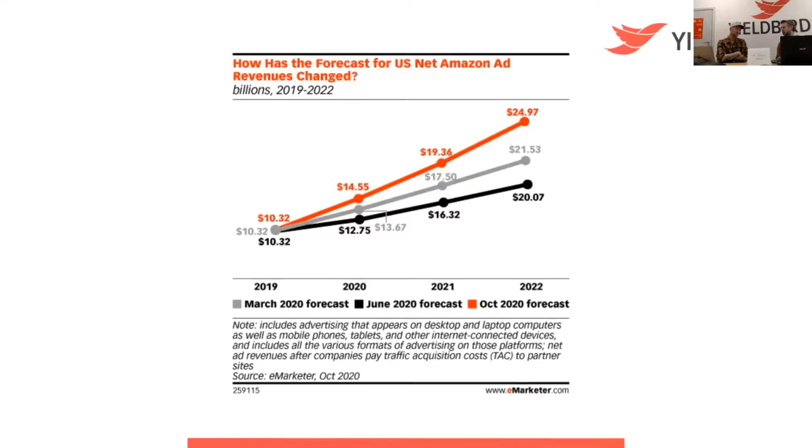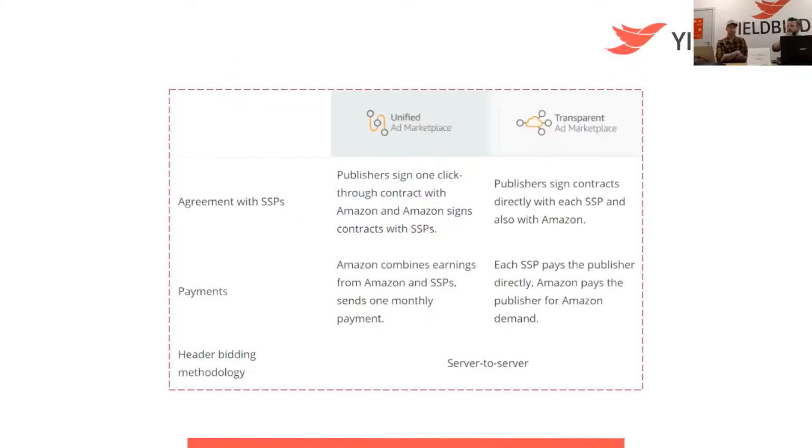And I think it will even go higher, because they also have first-party data that they can use to mitigate the loss of cookies. And Google and Facebook are getting a little bit of bad press, or even a lot of bad press, due to the lawsuits in the US and everything. So advertisers are going to Amazon to spend money and see if they can get better ROI, and publishers are willing to test it because it's really easy to implement, especially UAM.